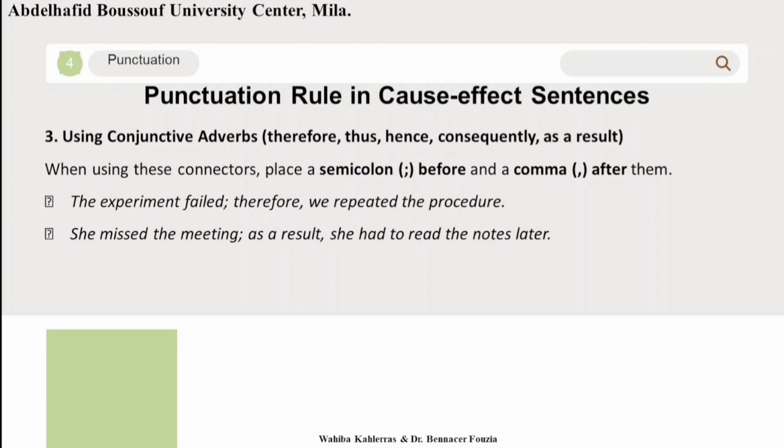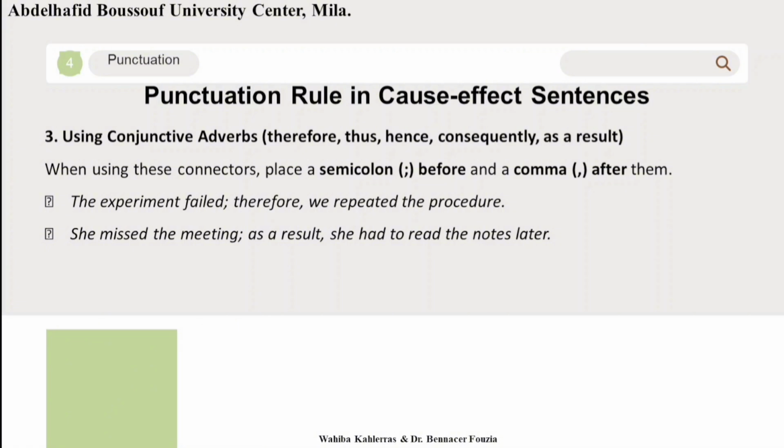For example, the experiment failed; therefore, we repeated the procedure. Another example, she missed the meeting; as a result, she had to read the notes later.